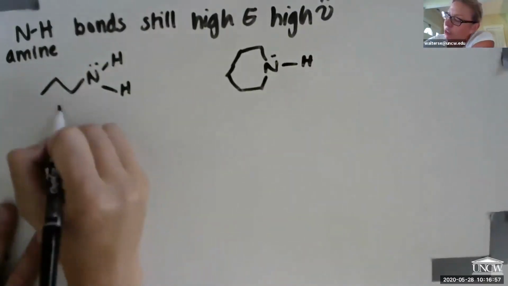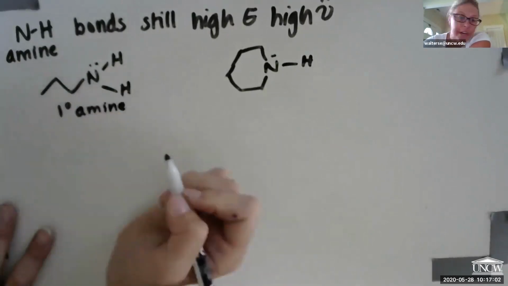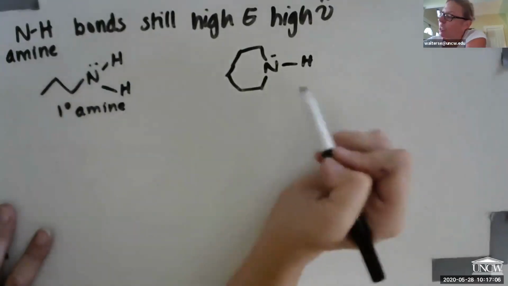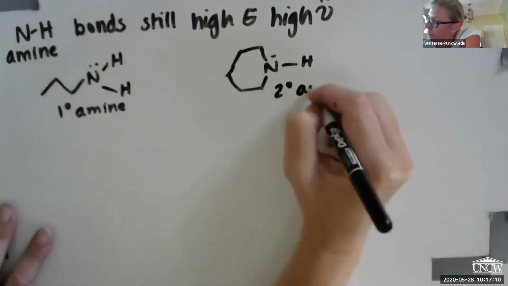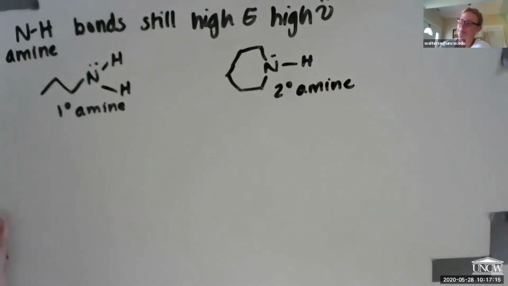This is called a primary amine because the nitrogen is bonded to one carbon. This is called a secondary amine because the nitrogen is bonded to two carbons.